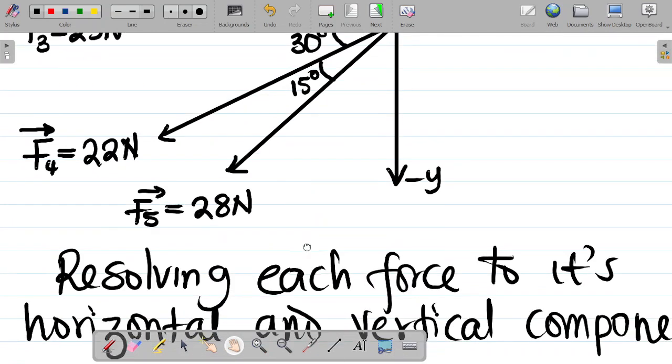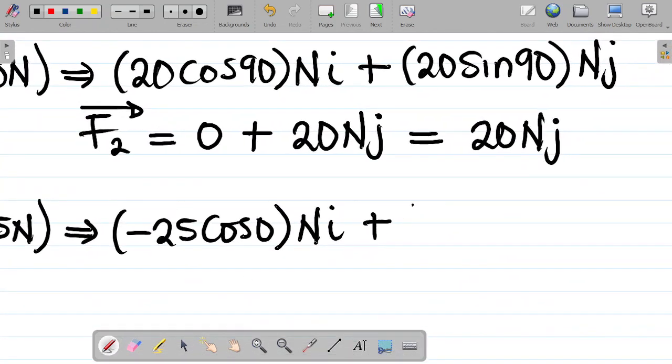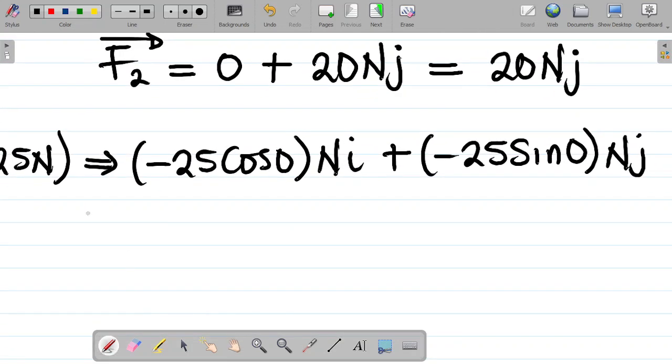What's the value of F3? So the F3 is what there? 25. So it becomes minus 25 sine 0. This is in Newton J. All right, let's impute values. We can now say that F3 is equal to minus 25 cos 0. What do you have there?